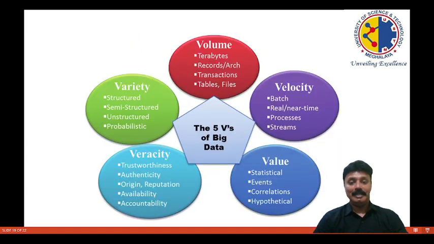Now the 5V of big data. This 5V of big data comprises all these previous formats along with the value. So the volume, as we know, the terabytes, the size; the velocity, the batch, real, near-time processes, streams; the variety, that is structured, semi-structured, unstructured, probabilistic; then the veracity, the trustworthiness, authenticity, origin, reputation, availability, and accountability.